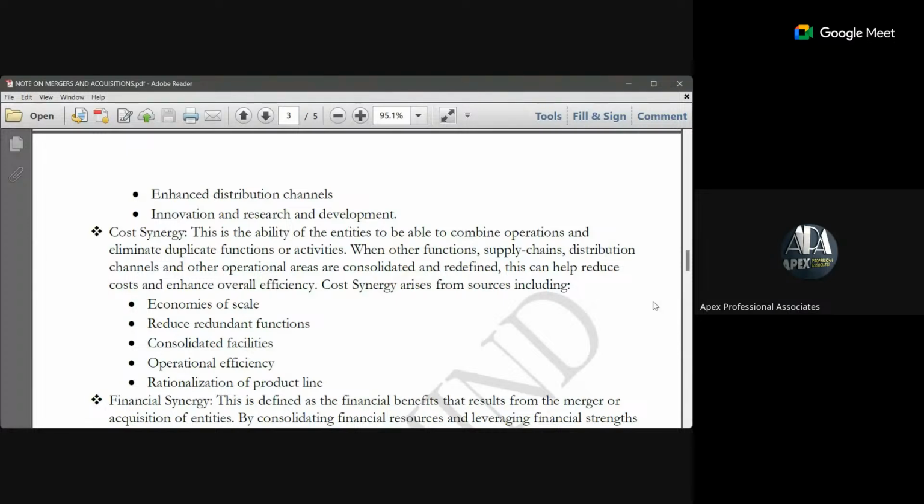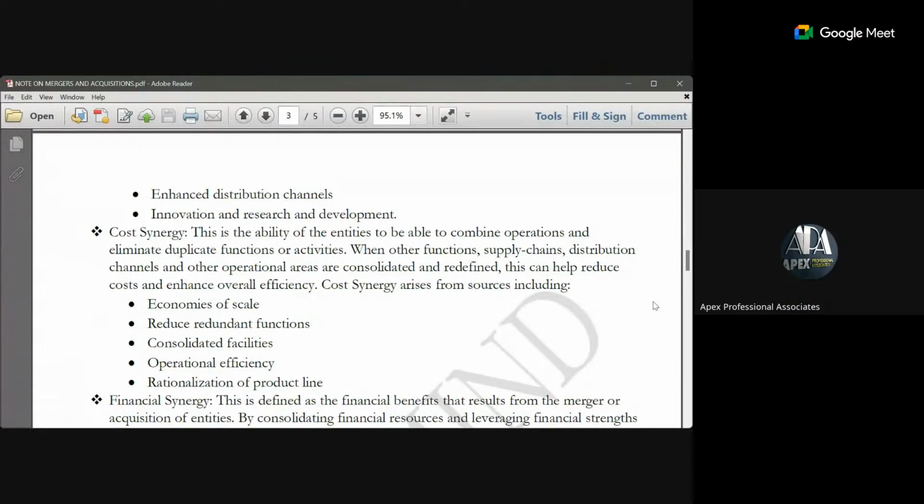merger and acquisition has to do with absorbing. It absorbs all the activities, all the functions, all the operations of the acquired company. It absorbs everything and takes them in as their own activity.